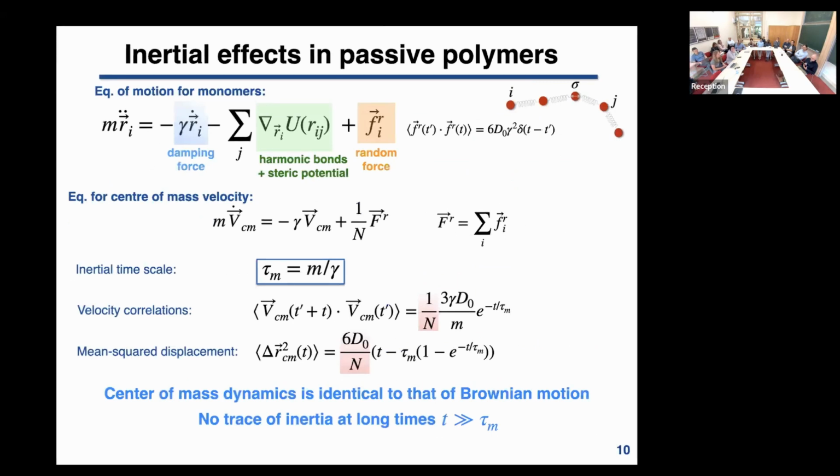Before I go to the active one, I just... the equation of mass velocity correlation.